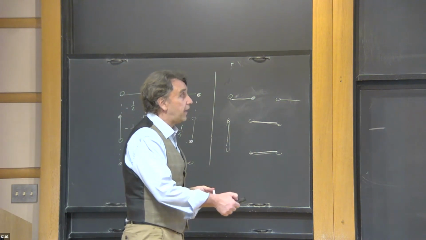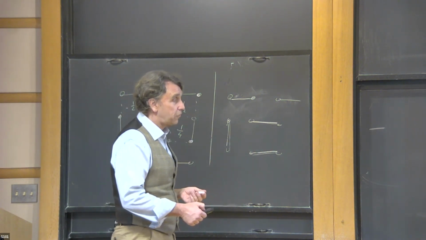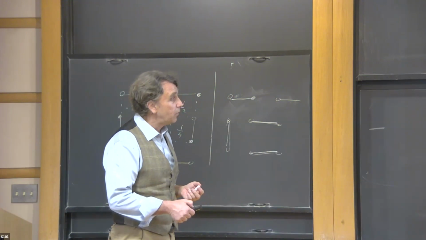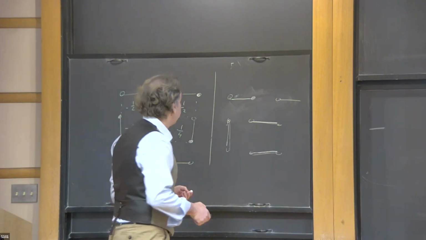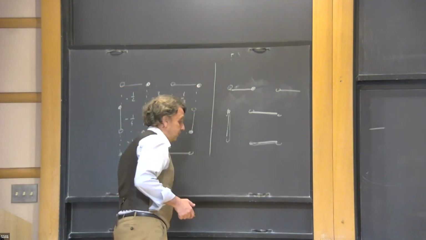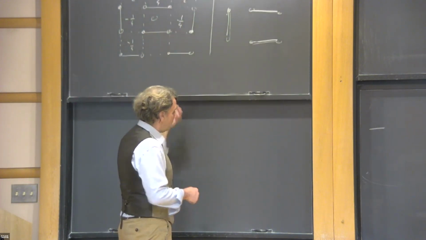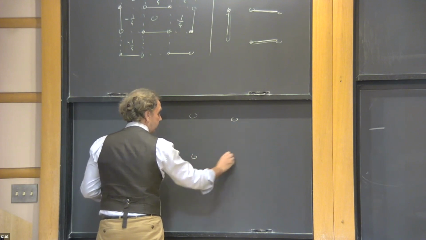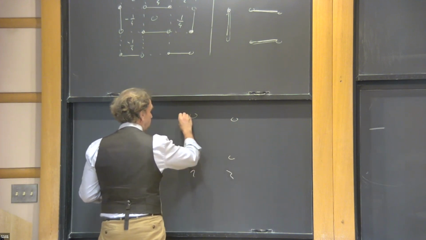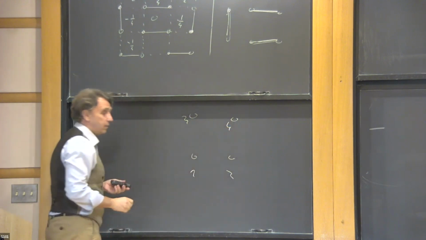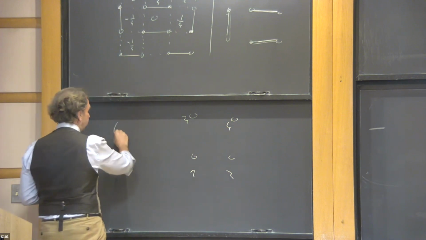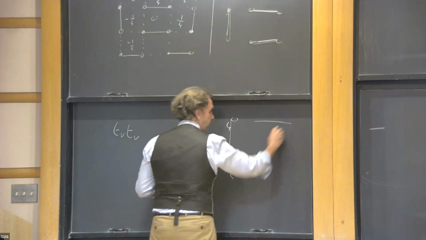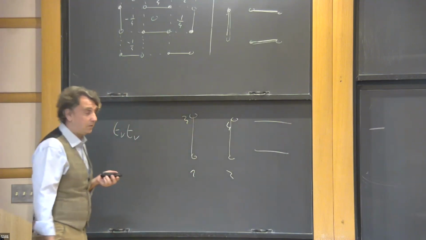Then you can define the partition function for a dimer: you sum again over all the possible configurations of the dimer with this weight. So for instance, if you have a dimer like this, then you will have a weight, or you have this, or you have this. So very simple.